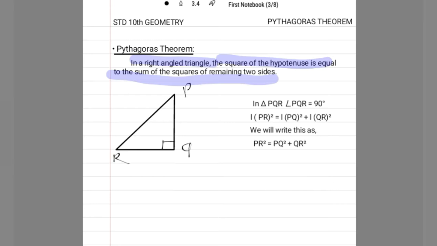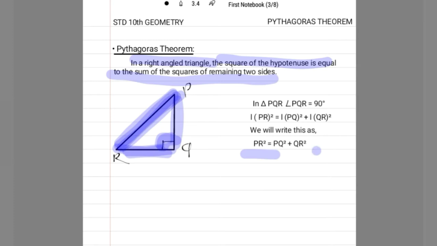So we all know what a hypotenuse is. It is the side opposite to the right angle in a triangle. So the side opposite to the right angle is called the hypotenuse, right? So according to the theorem, what it says is we have to prove that PR square, the hypotenuse square, is equal to the square of the remaining two sides, that is PQ and QR.